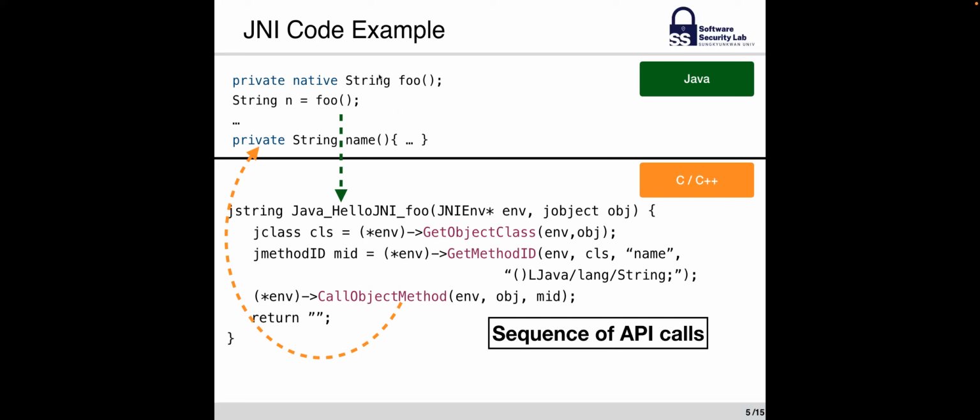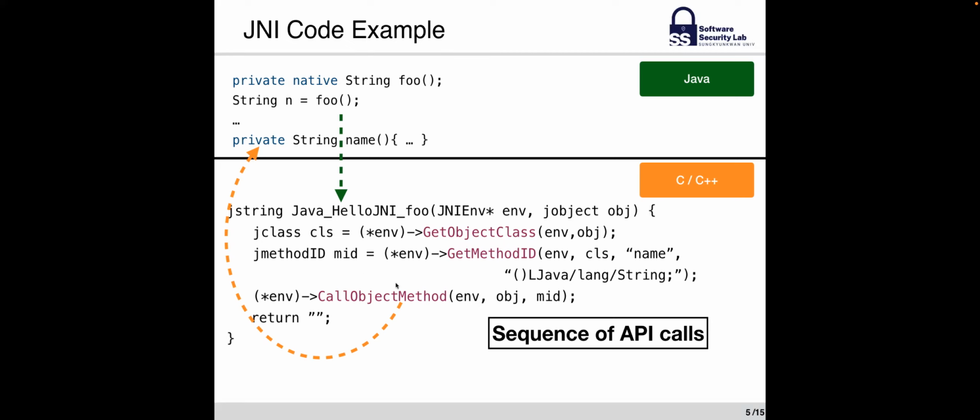So here we define a native function named foo, whose return type is String, which corresponds to this one, the foo function. Once you declare the native function using the native keyword, a Java program can use it just like a Java method. As you can see here, the Java program calls the foo method here and receives the return value. It uses foo, the native function, just like a Java method.